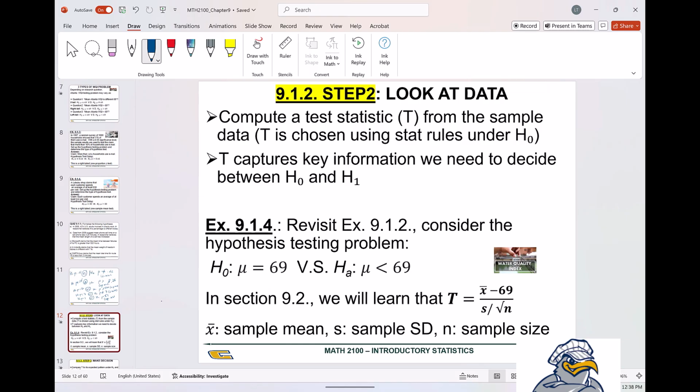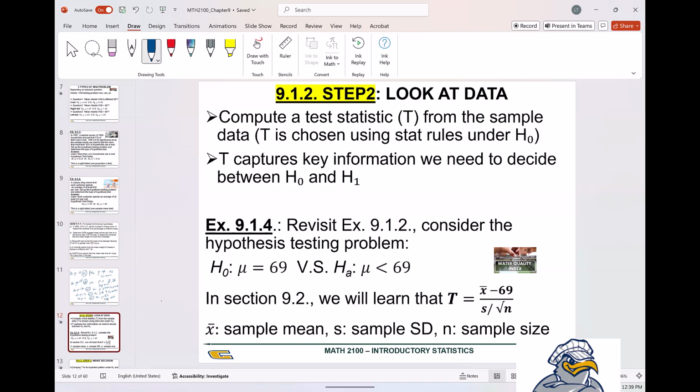So here I give you a picture, before we go into detail later, maybe in 5 or 6 slides. Say for testing Atlanta water quality index, right? We're testing H naught: mu equals 69 versus H A: mu less than 69.